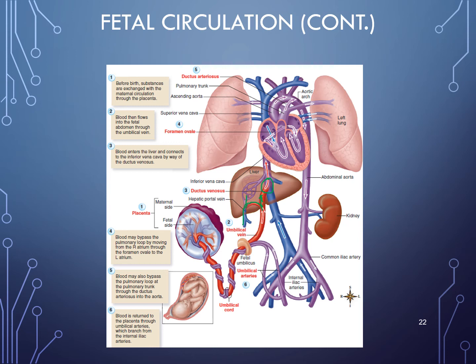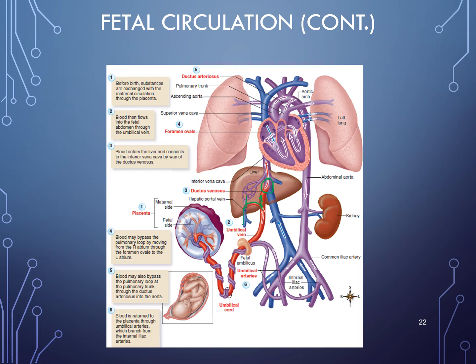Some of the blood is going to take that little bypass route, and it is going to join with the blood coming from the inferior vena cava. So you have highly oxygenated blood and very low oxygenated blood, and those two are going to combine to form this mixed blood.